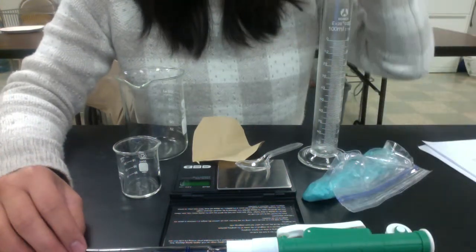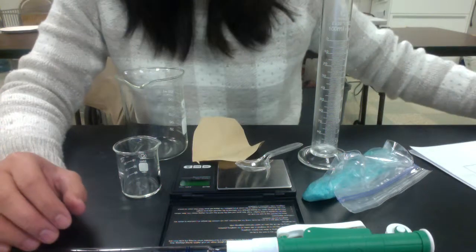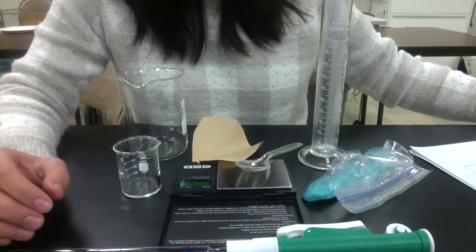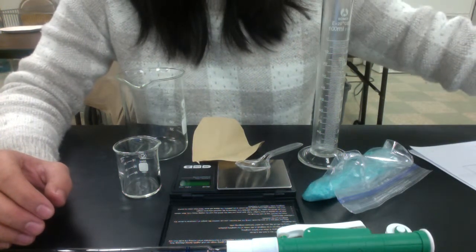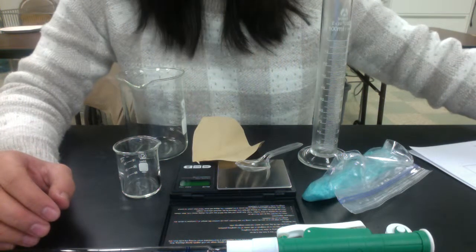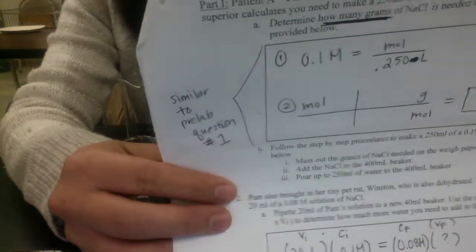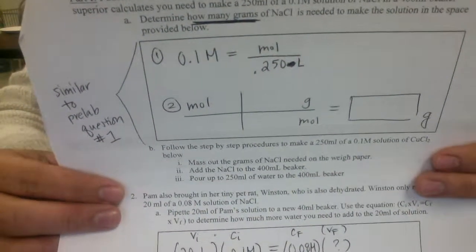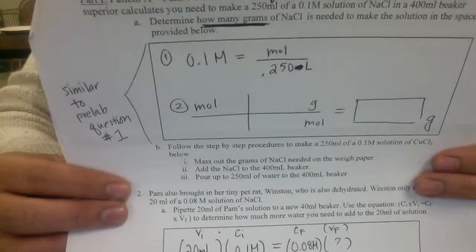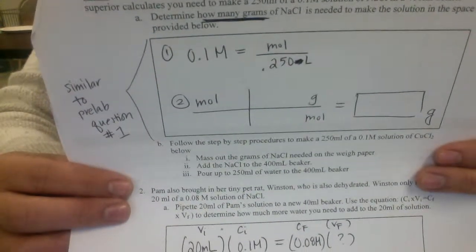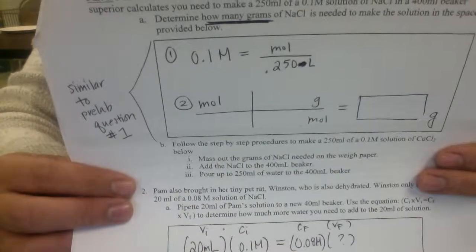So before you even create the solution or the concentration, you have to figure out how many grams of NaCl you need. To complete that, this is a guide to help you complete the process. Basically, it's very similar to your pre-lab question 1 that you did yesterday.